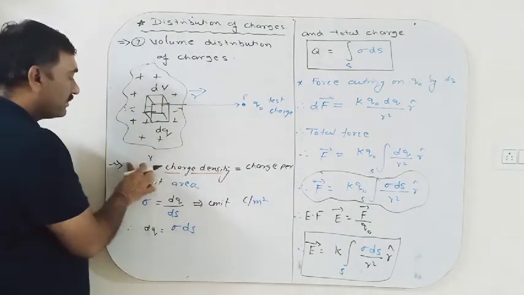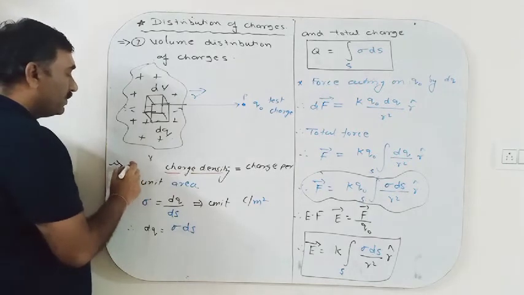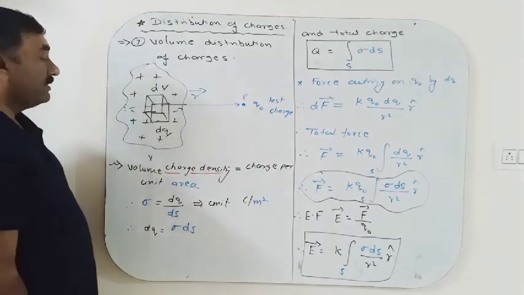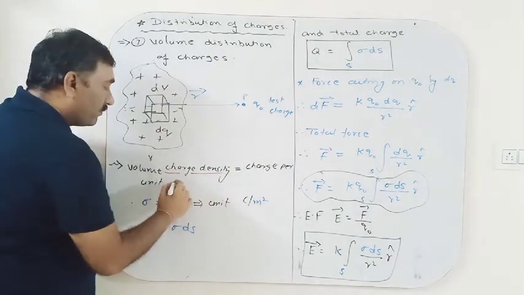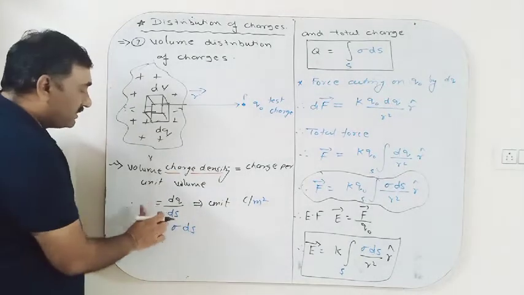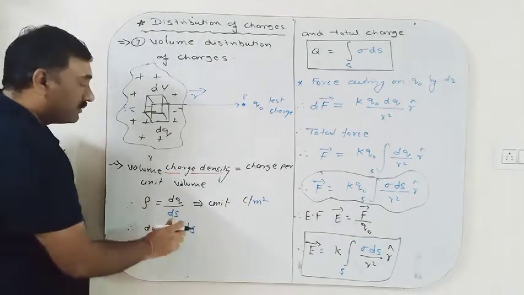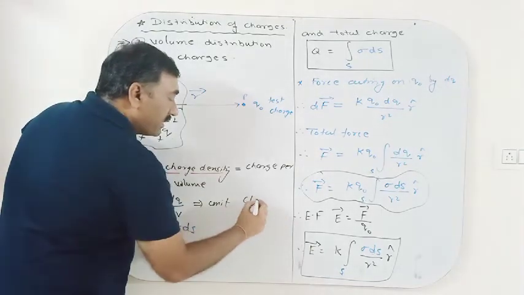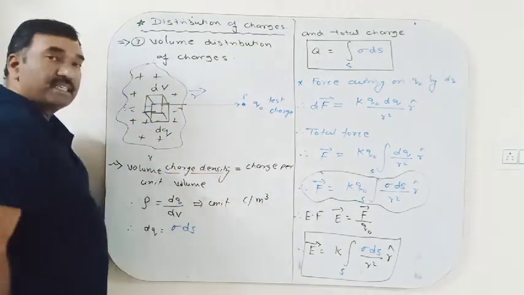We can define the volume charge density: charge per unit volume. It is represented by the symbol rho, equal to dq by dv, and the unit is coulomb per meter cube because it is volume.